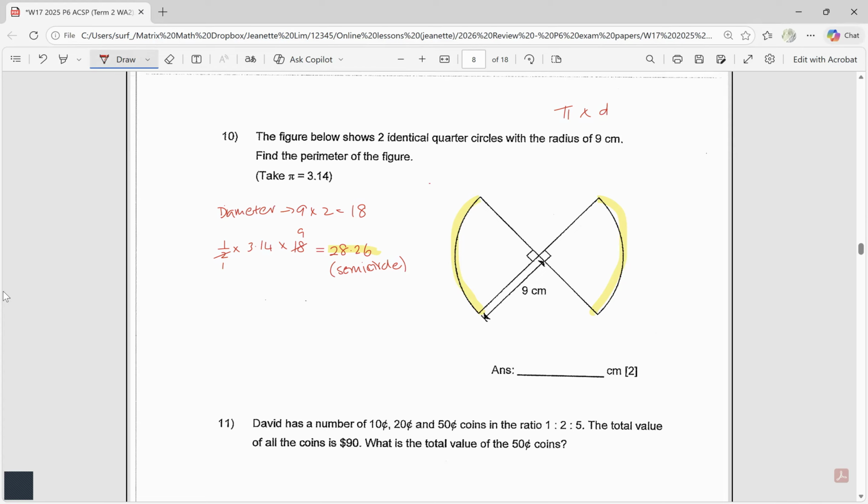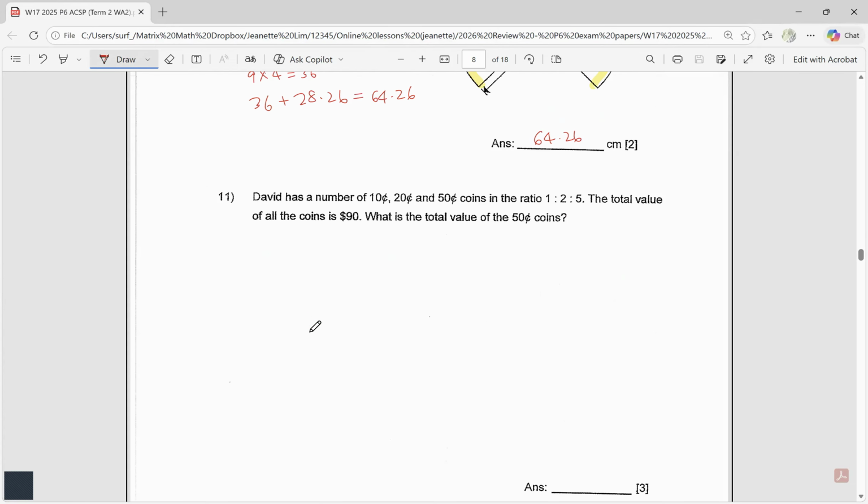So 9 times 4, which is 36, then 36 plus your arcs, total of 28.26. So this will give us 64.26. 64.26 for question 10.